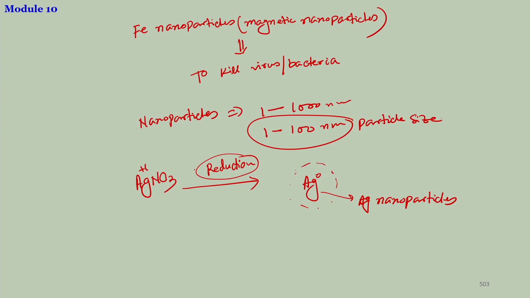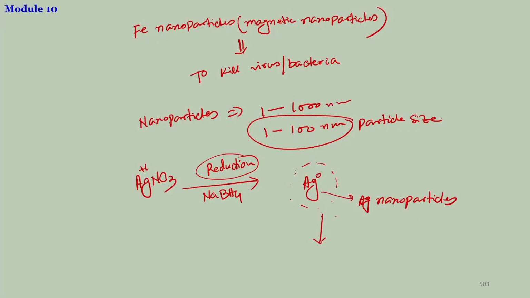Typically, if you want to reduce silver nitrate to silver 0, you can use reducing agents such as sodium borohydride, then it will be surrounded by counter anions, and that will be the first reason for the formation of silver 0 into nanoparticle form. Or quite often, once these nanoparticles are forming, they are not quite stable. So, you need a certain stabilizing agent.